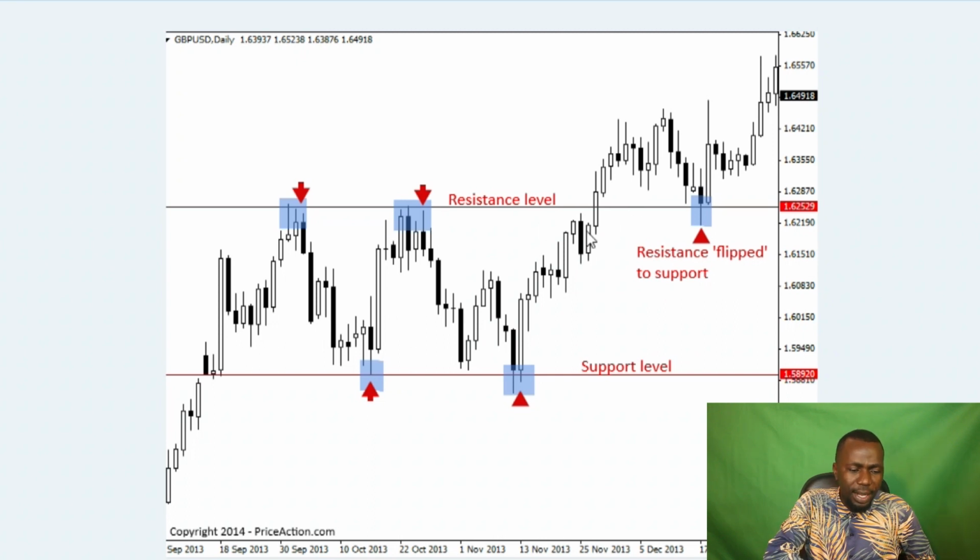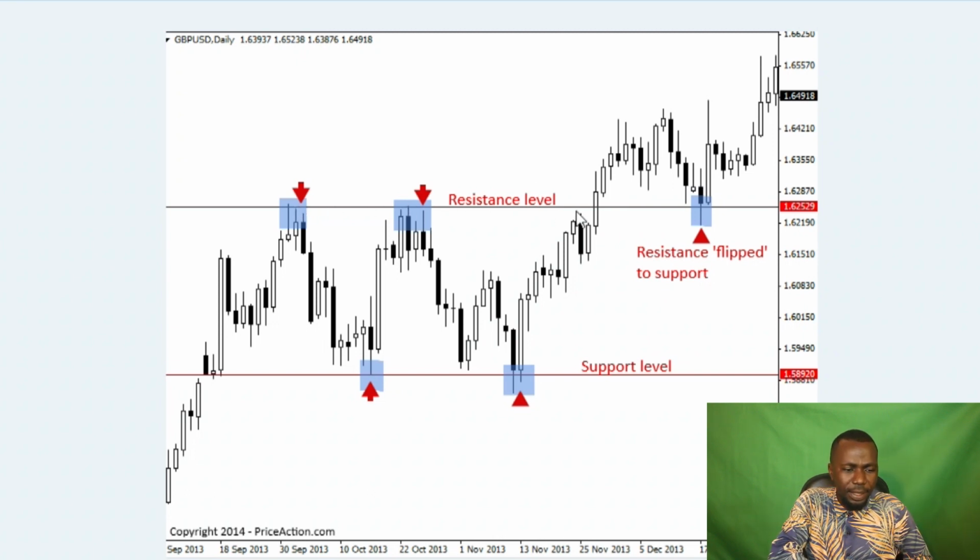So now you can see clearly that the price finally broke above the resistance level, right? Now once you identify that the price has broken above the resistance level, what did I say before? I said whenever price breaks above a resistance level, that resistance level tends to become support level. So your level is still valid, right?